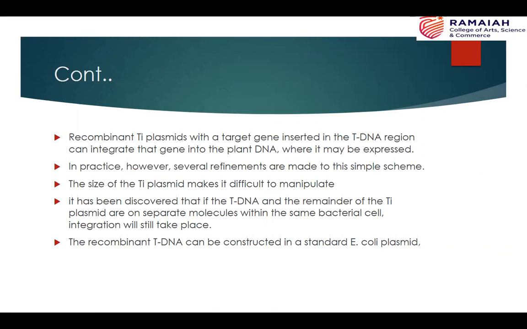How? Recombinant Ti plasmids can be constructed by inserting the target gene into the T-DNA region. When your target gene is inserted into the T-DNA region, it can integrate the gene into the plant DNA, thereby it can be expressed in the plant.